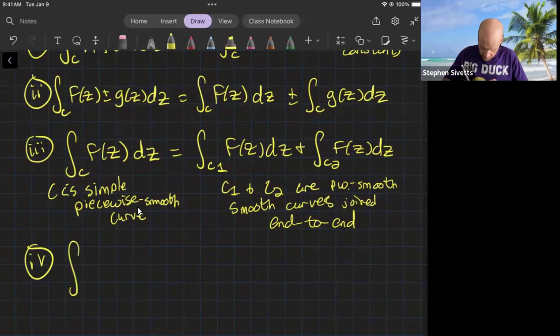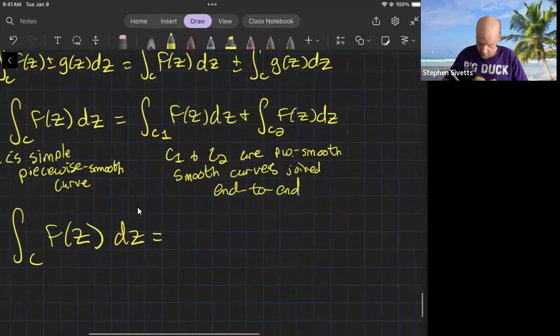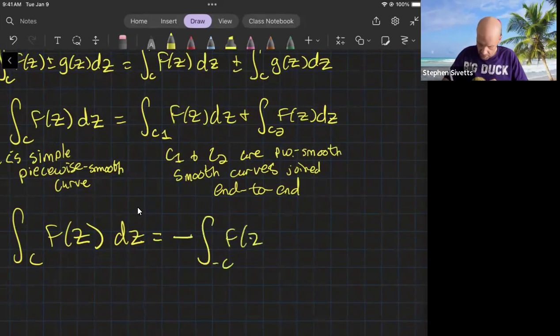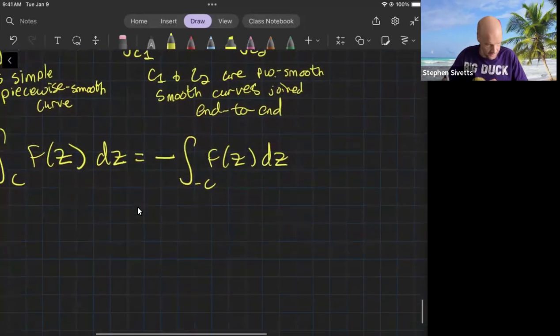And the fourth property is if I have a line integral of a curve, f of z dz, this equals minus the line integral of the function going clockwise.